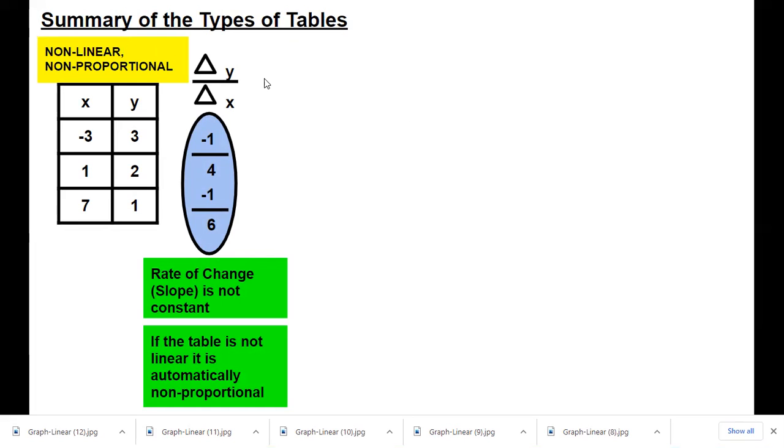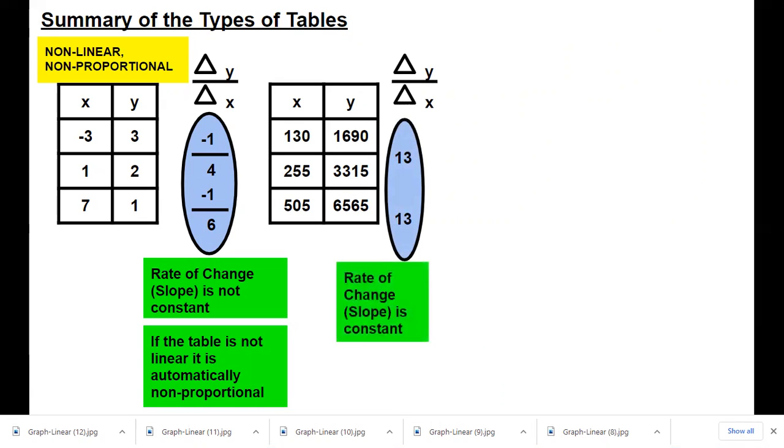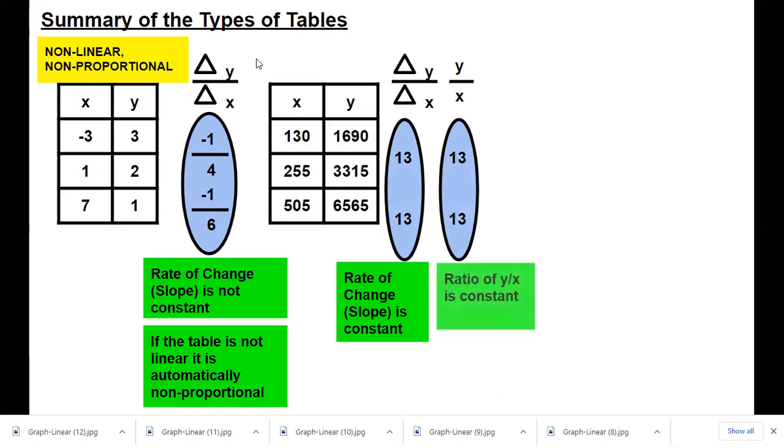Second table. Change in y over change in x was 13. The rate of change, the slope was constant, so that means it's linear. And then we did y divided by x. That was also 13, so that means it was a constant ratio. So that was proportional. So linear and proportional.